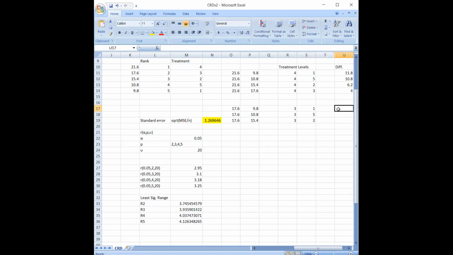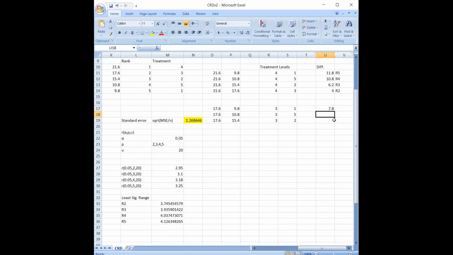Let's calculate the difference here first. Difference between these means: you have to subtract the smallest from the largest. So in this case, you have the differences here. And now you have to consider the p-value. Now you are comparing treatment level 3 and treatment level 1.